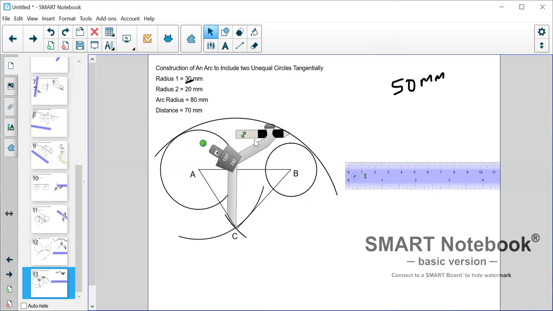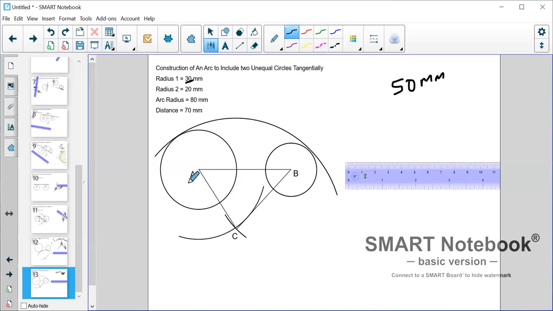But basically, those are the steps in how you obtain that arc that would include the two unequal circles. All right, now in terms of variation, the arc may be constructed in the opposite direction, right?